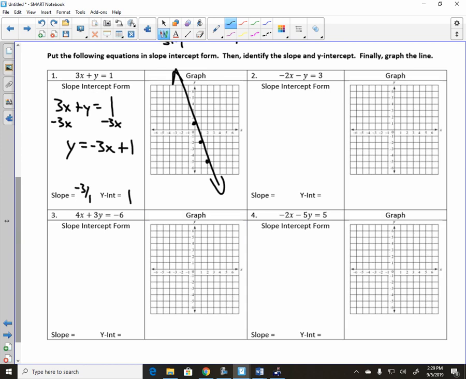Number 2, very similarly, we add the 2x. Negative y is 2x plus 3. Now what? Do I divide the negative or the 2 by -1 or the 3 by -1 or both? Both. So y is -2x minus 3.